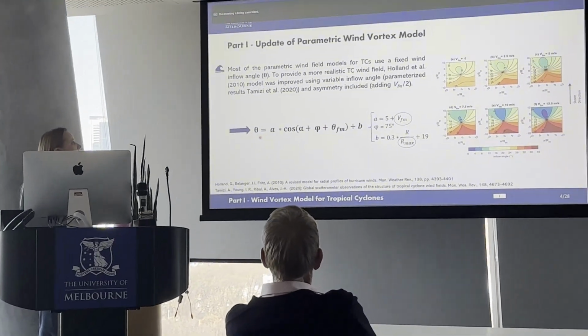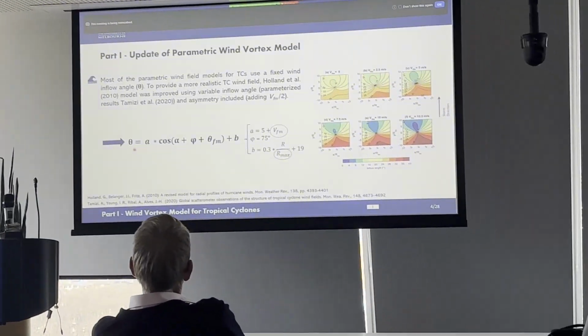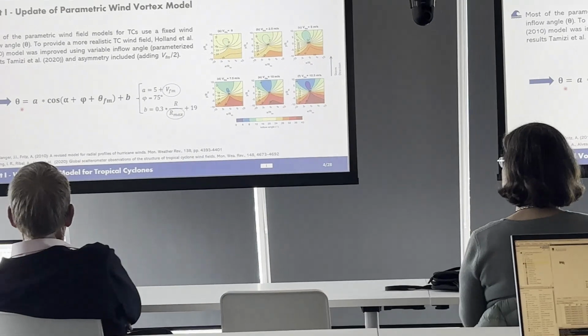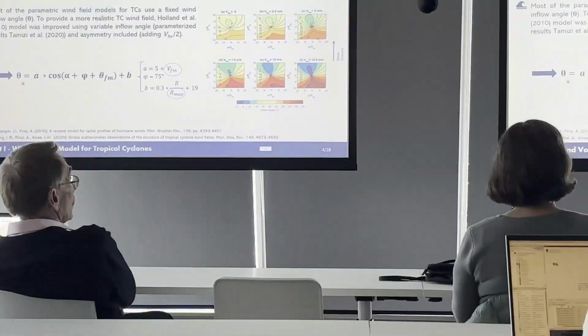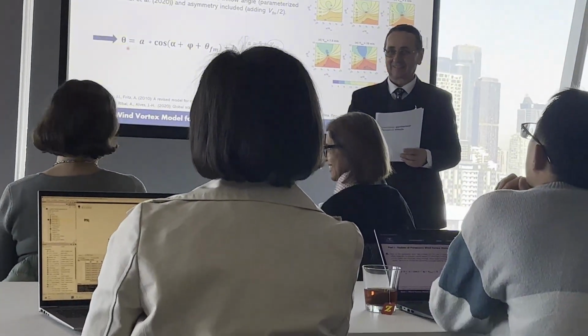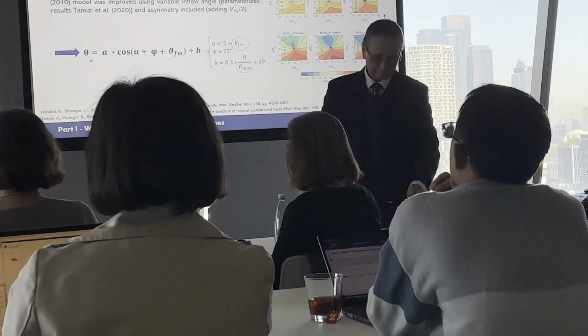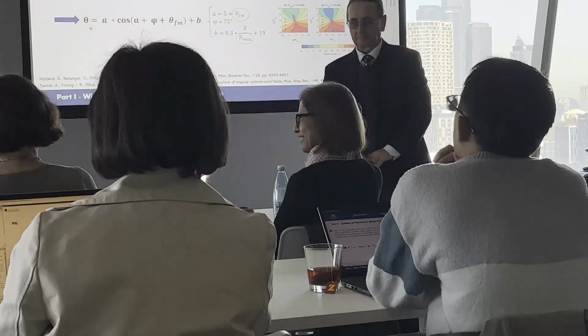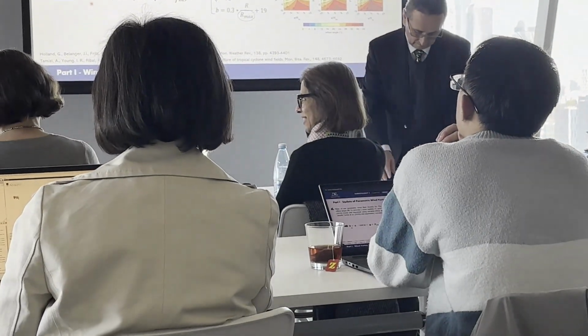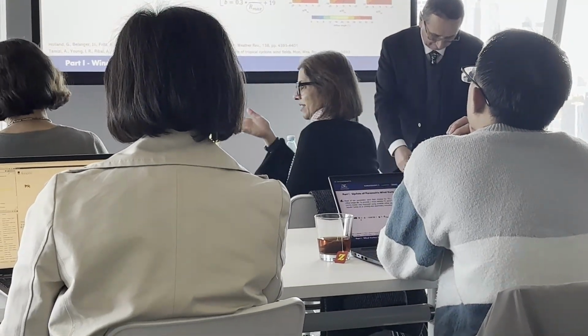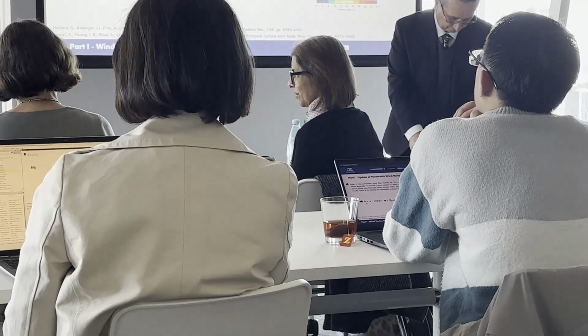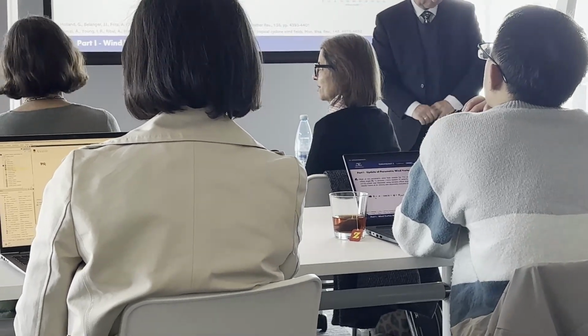Yeah, okay. So it's a different coefficient. Questions? Simon? Yeah, excellent presentation, Guisela, and a lot of compute time. Just following from Alex's question on the vortex model, the Holland one with all its updates is very commonly used.